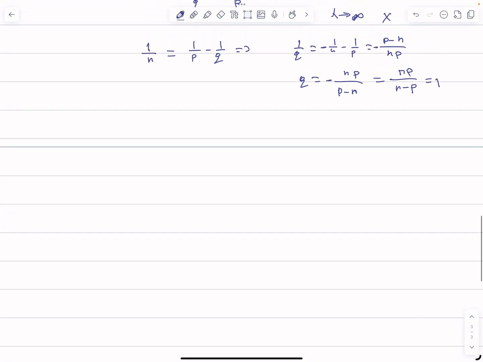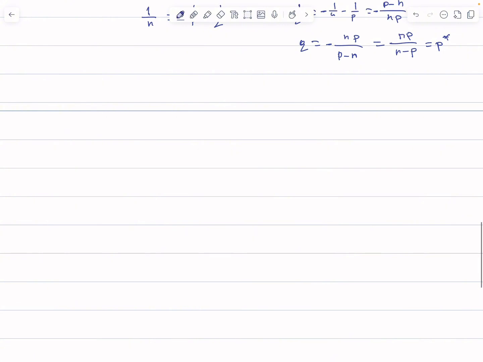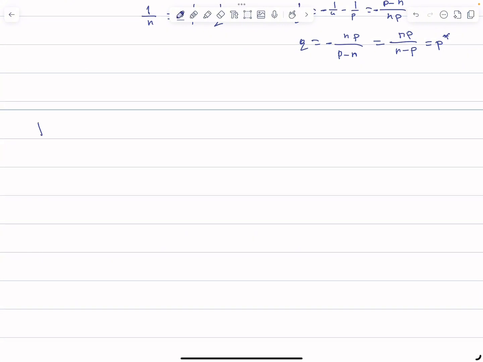Okay, now let's call this one p star. This is called the Sobolev conjugate. Definition: if p is greater or equal than 1 and less than n, the Sobolev conjugate p star is equal to np divided by n minus p.